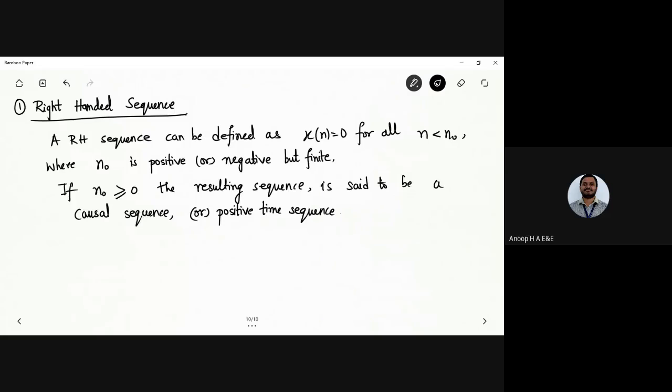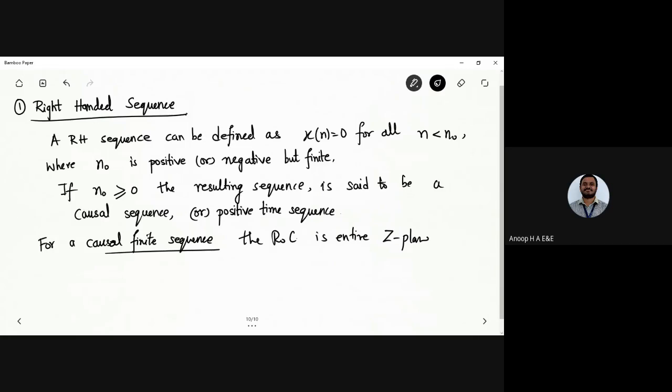So for a causal finite sequence, the region of convergence is the entire z plane, except at z equals 0.